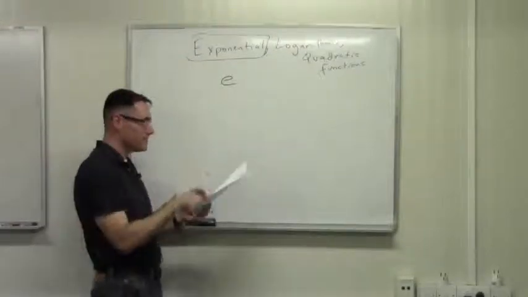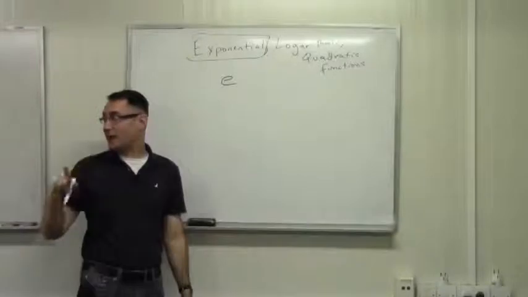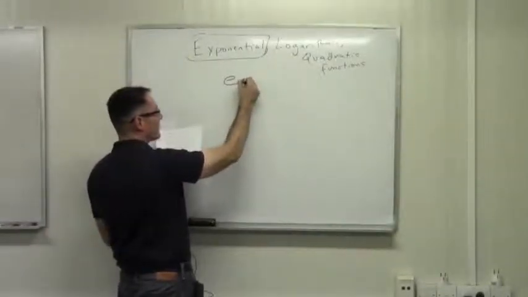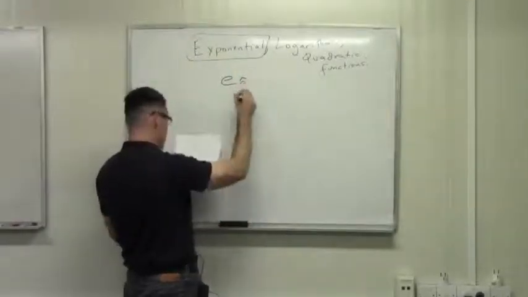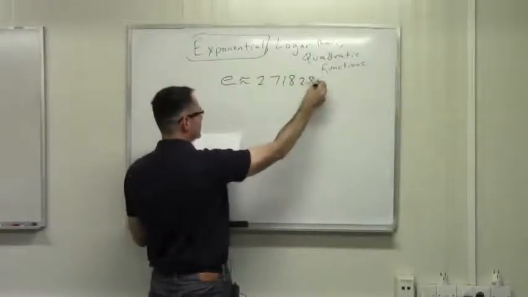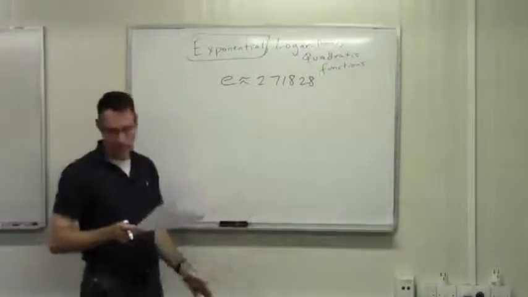This is a number just like any other number, except that it happens to be like pi. It's irrational. Doesn't ever repeat. I should write it like approximately equal to. E is approximately 2.71828, but it doesn't repeat. You can't figure out a pattern here.